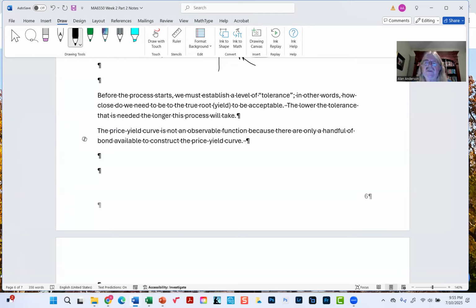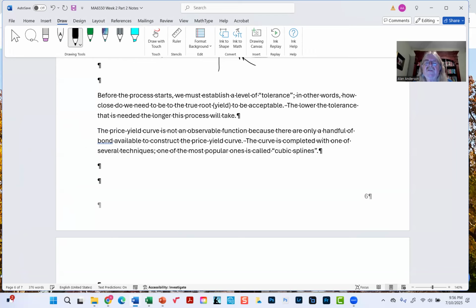What has to happen here, there's a special technique going on behind the scenes. The curve is completed with one of several techniques. One of the more popular ones, which we're not going to have time to get into here, is something called cubic splines.